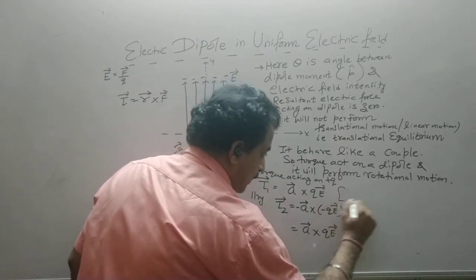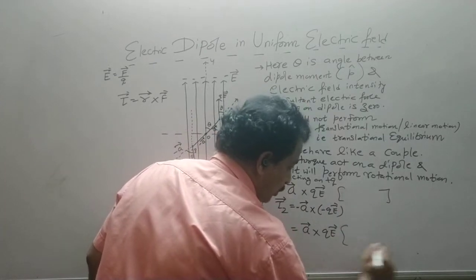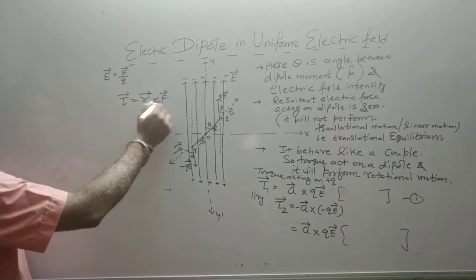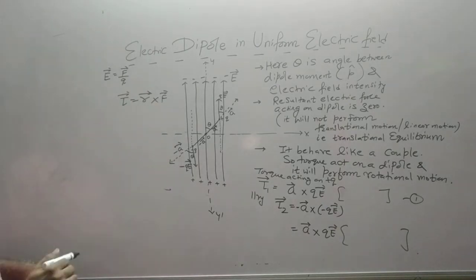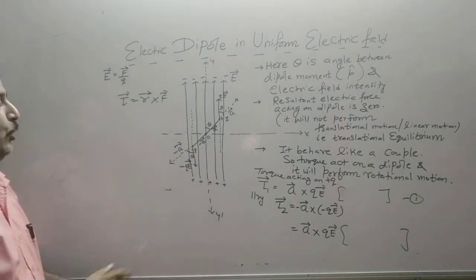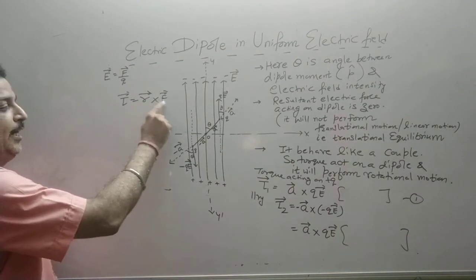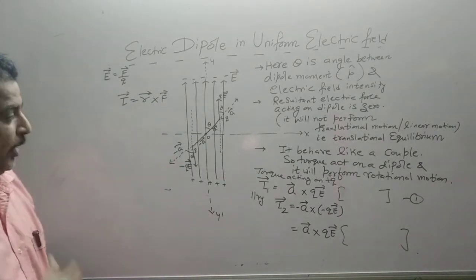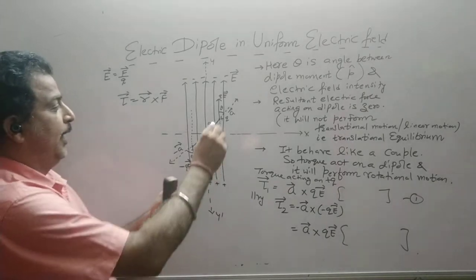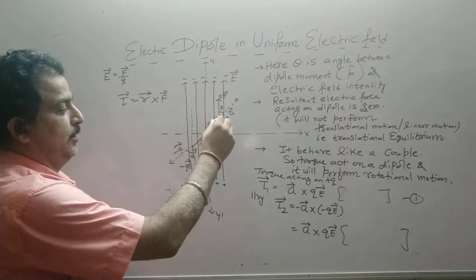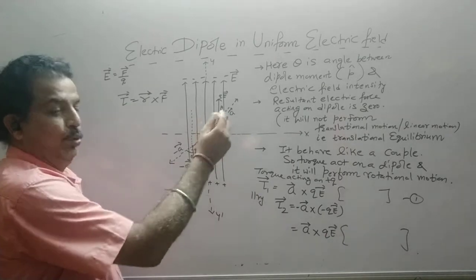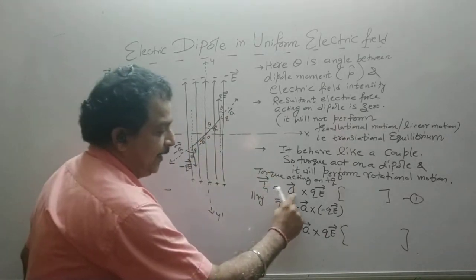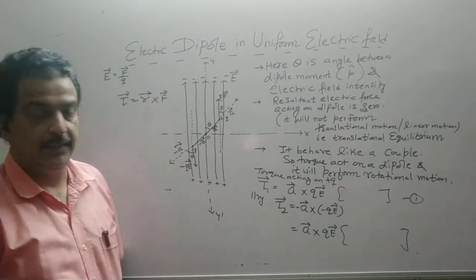Now let us also see the direction. Now when this is R cross F, we keep a screw perpendicular to the plane containing R and F and rotate it in a direction from R to F. Now let us place a screw at this point, the plus Q charge. Now this screw is perpendicular to the plane containing the A vector and the QE vector.